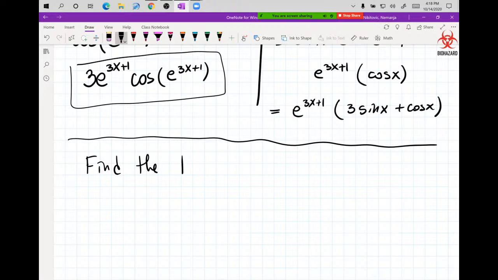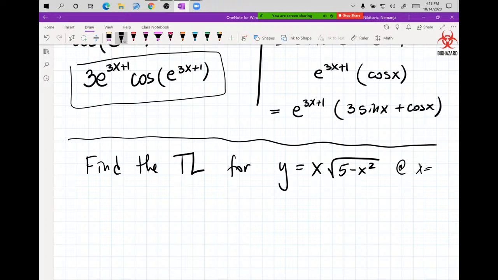Find the tangent line for y equals x times the square root of 5 minus x squared at x equals, let's go with -2.